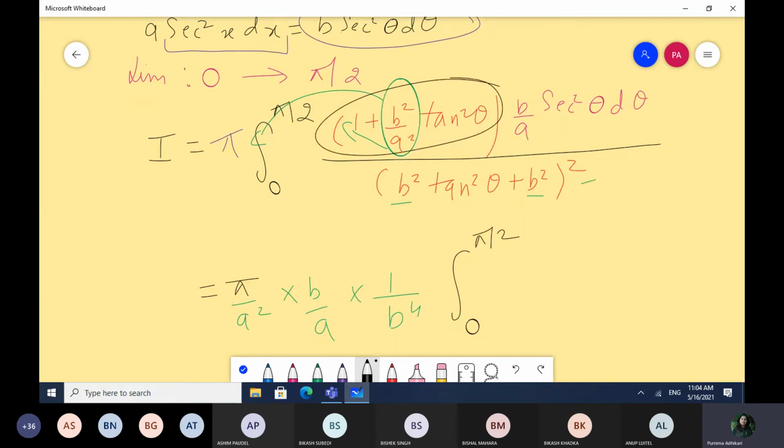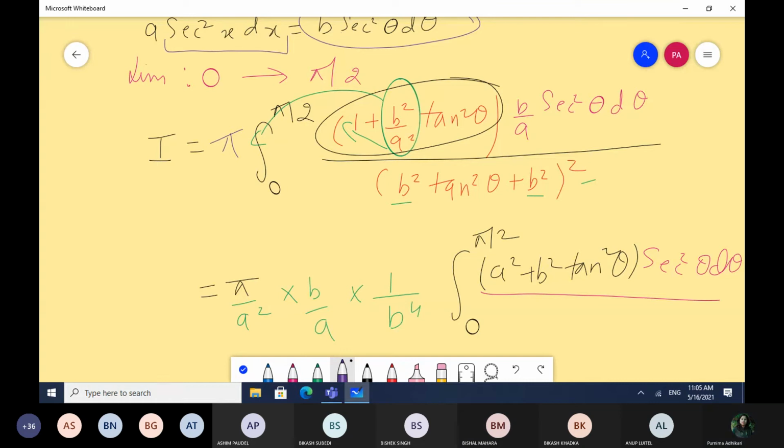This expression में क्या बाकी रहा? a square plus b square tan square theta. Here sec square theta. Next sec square theta d theta over b common गरेर you will get tan square theta plus 1 whole square, which is... Can we write it as sec square theta into sec square theta?